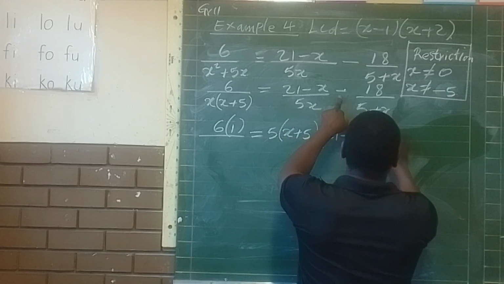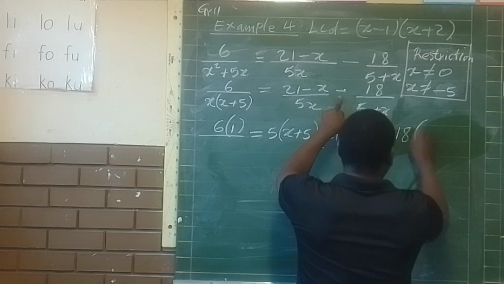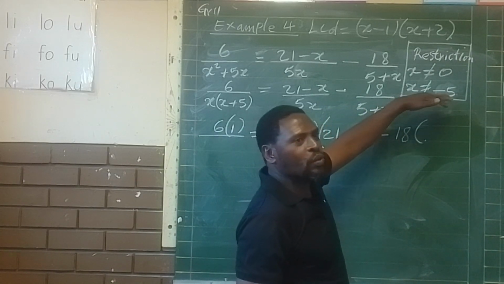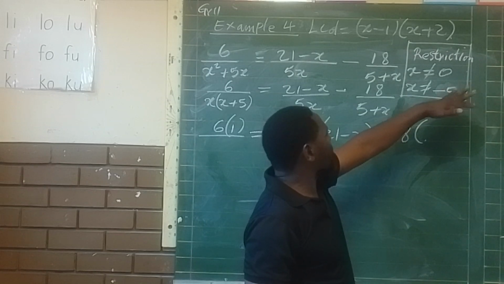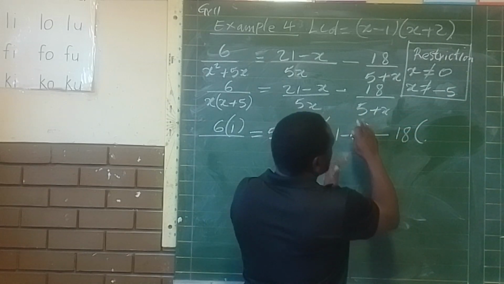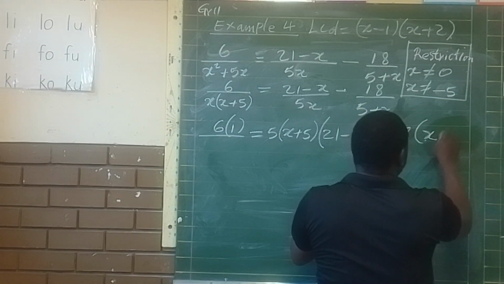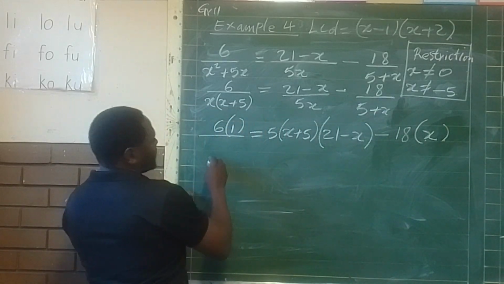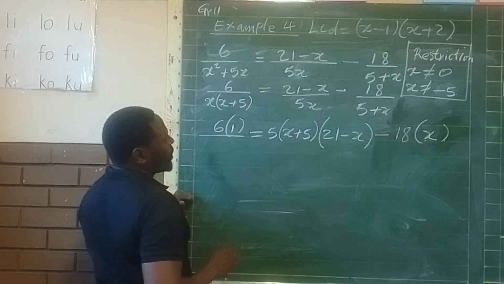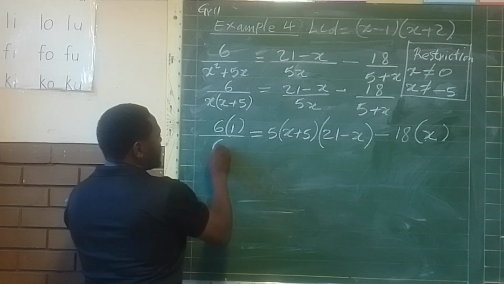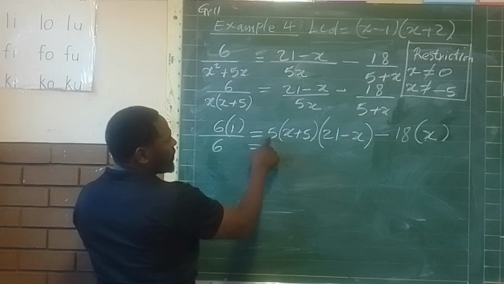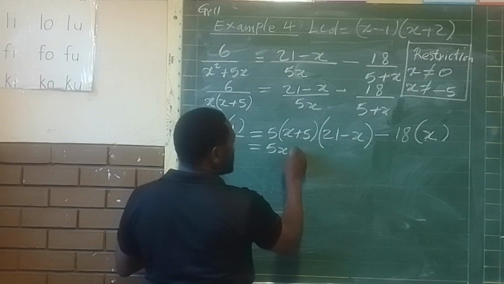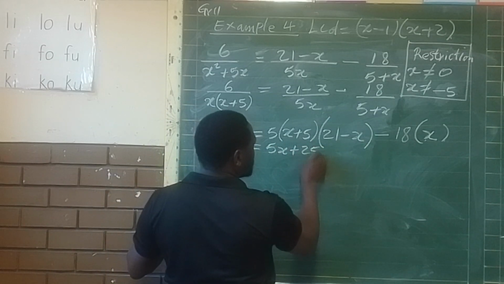We are here now, x into 18 multiplied by 5 plus x goes how many times into x and 5 plus x, it goes x times. Now, we multiply, it's 6 is equals to 5 times x is 5x, 5 times 5 is 25.